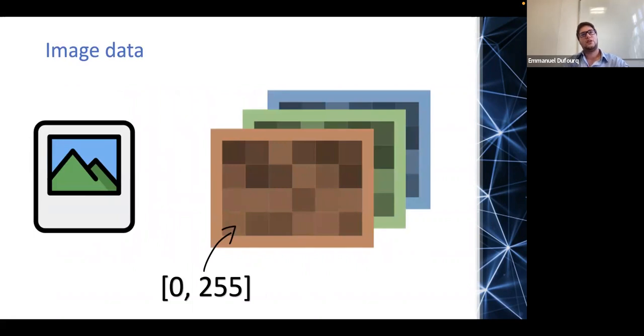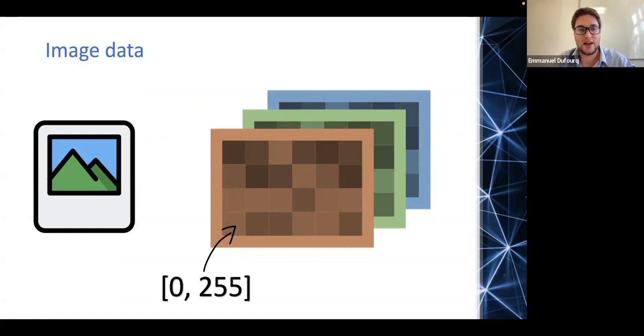So what is an image? An image is essentially just a matrix of pixel values from 0 to 255. A grayscale image contains one channel, so it's a matrix with pixel values of 0 to 255. And a color image has 3 channels, red, green, and blue, and these matrices are essentially stacked on top of each other.